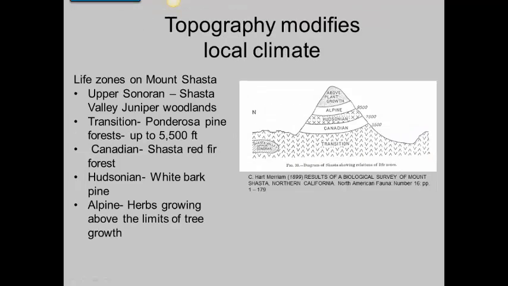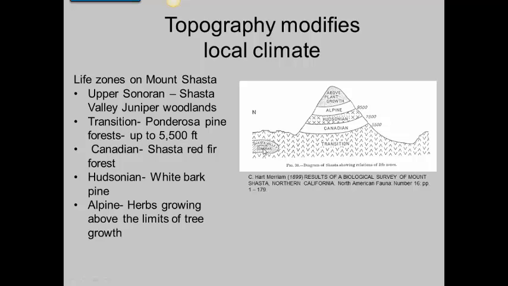So C. Hart Merriam decided to collect data for his life zone concept on Mount Shasta. And this is a figure in the report that he produced from his survey on Mount Shasta, where he shows the life zone transitions that occur as you walk up from the Shasta Valley, which he called the Upper Sonoran life zone.